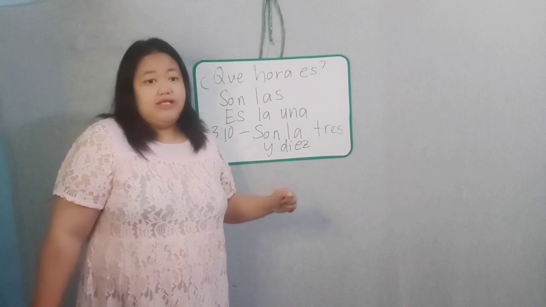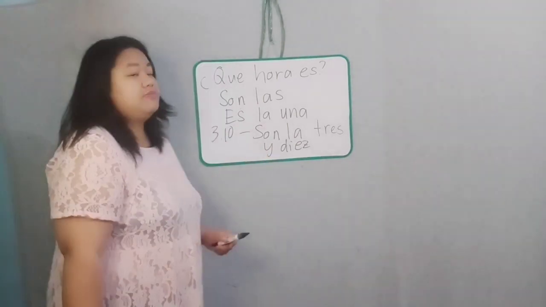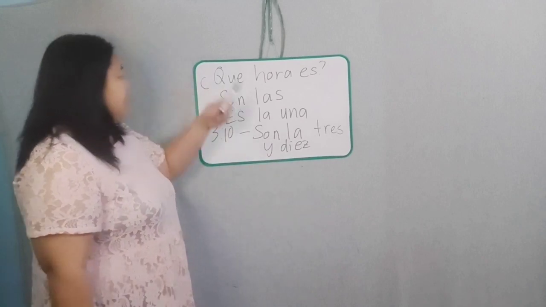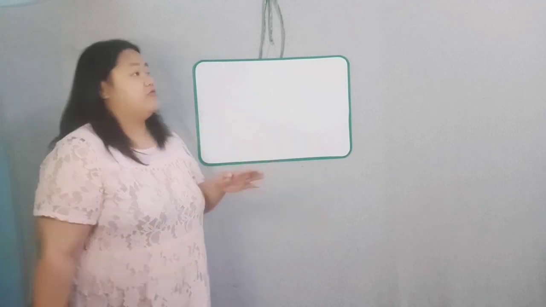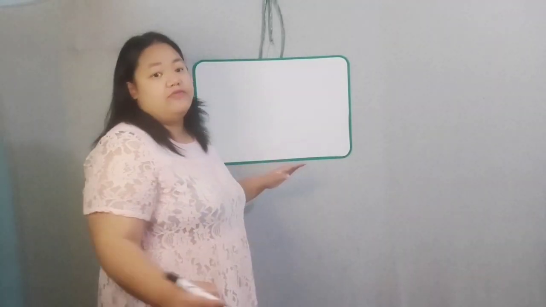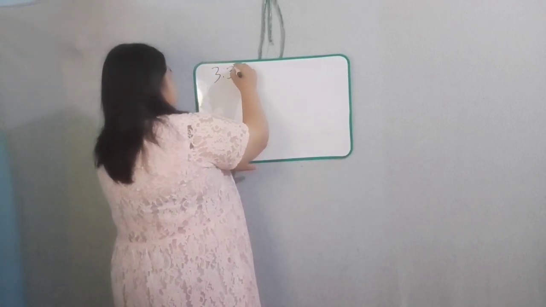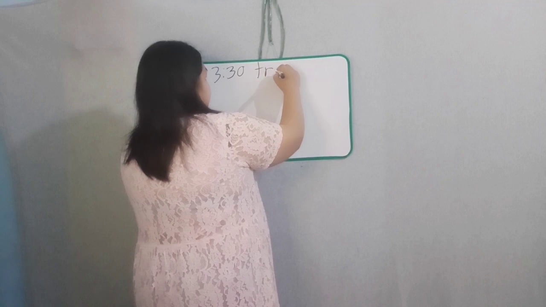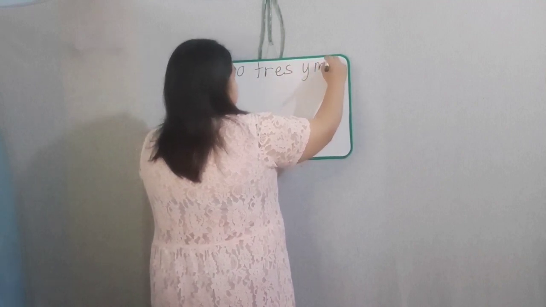Okay, let me erase this so I can discuss the next one. So memorize son las y es la. If it's 3:30, for example, you'll have to say son las 3 y media.